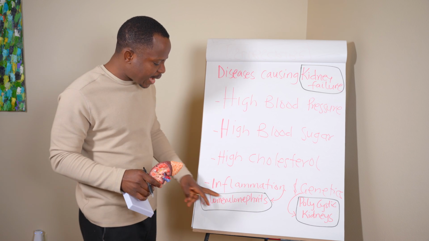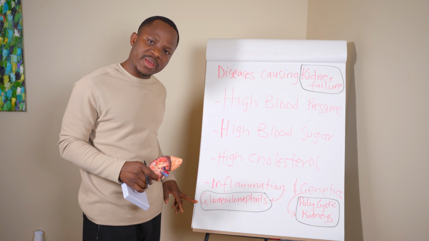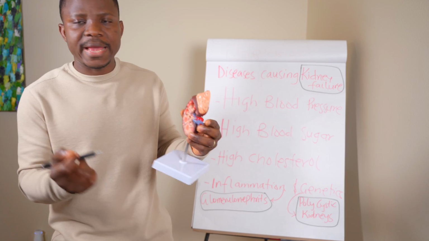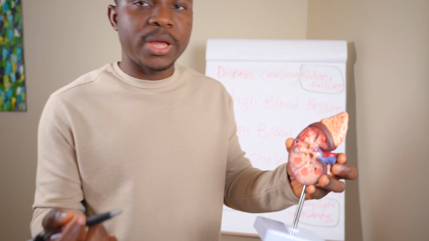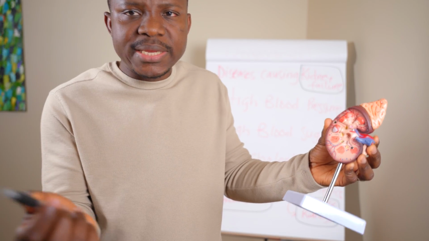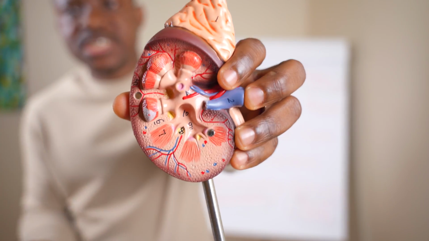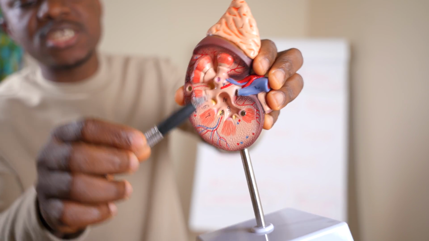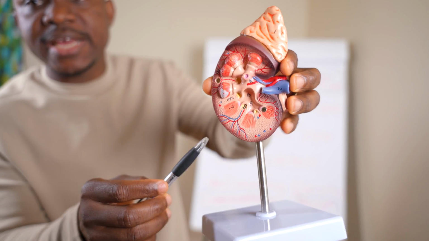There are also things like glomerulonephritis, which come from infections that happen to the kidneys. So let's say you have a kidney infection, okay? What happens is that some microorganisms can cause infections or can enter into these kidneys, and once there is infection, the body begins to act and fight against the infection.